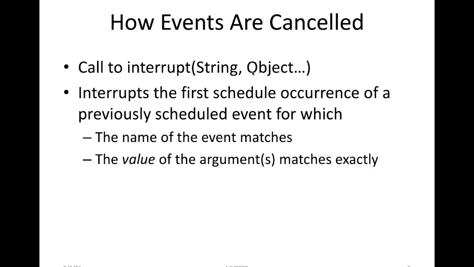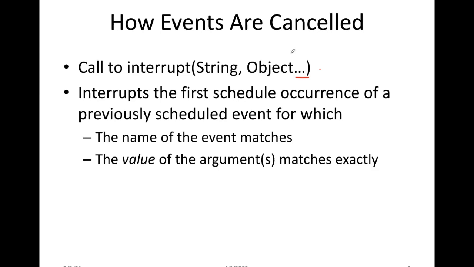And then if you remember what these three dots are, see these three dots here? These three dots are what Java calls varargs. And what that means is that this second argument is either a list of things or it can be completely empty. So if I want to interrupt an event that has no arguments, then I would just simply interrupt the name.